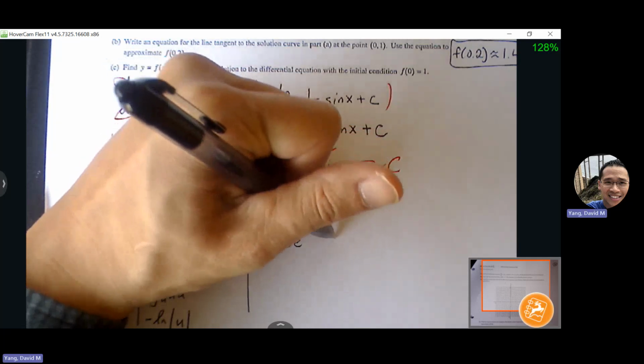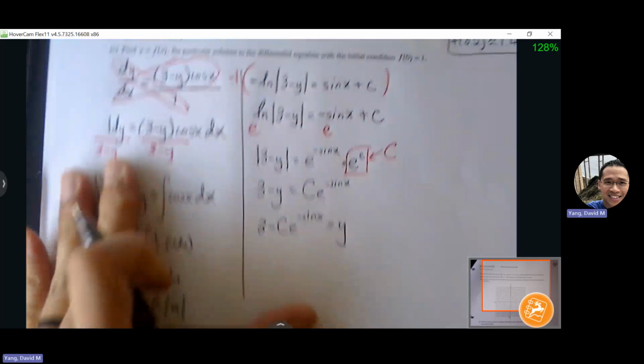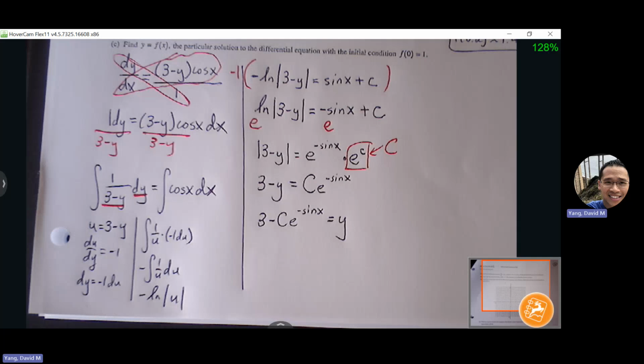I'm just moving things around a little bit differently so I can get that y to be positive. So y is equal to 3 minus C e to the negative sine of x.